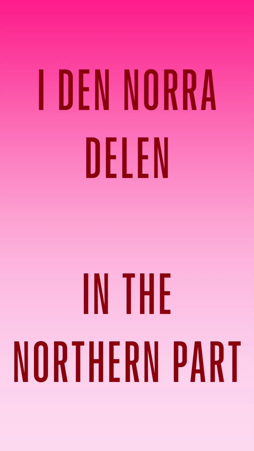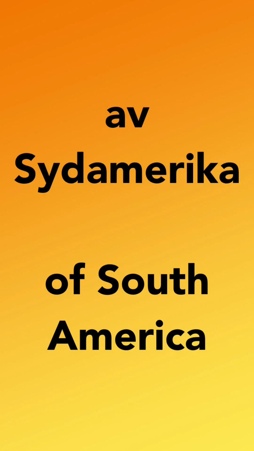Then we have the prepositional phrase i den norra delen, which includes the word i, which is translated to in. I becomes in, den norra, the northern, and delen becomes part. So i den norra delen, in the northern part. Then we simply translate av to of in English with an F, and Sydamerika to South America.